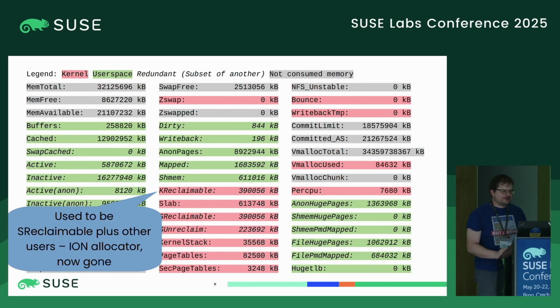The reason was that at the time there was the ION allocator for GPU drivers, which could consume a substantial amount of memory, and it wouldn't be visible in meminfo, so it seemed like a good idea to add it there. But since then, they replaced this allocator with something based on shared memory, so it's no longer useful.